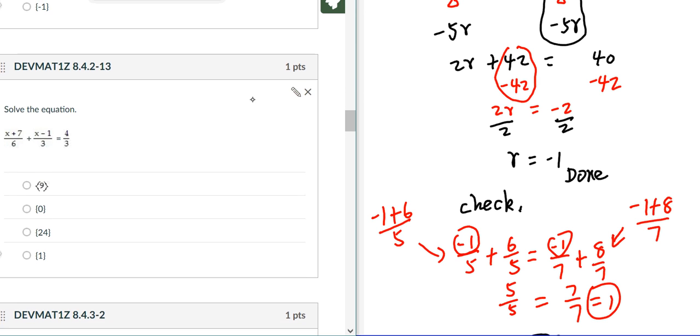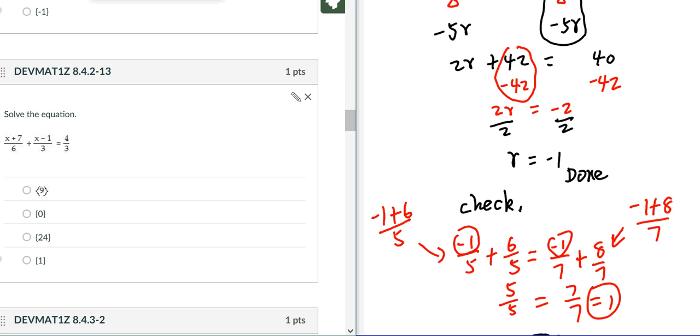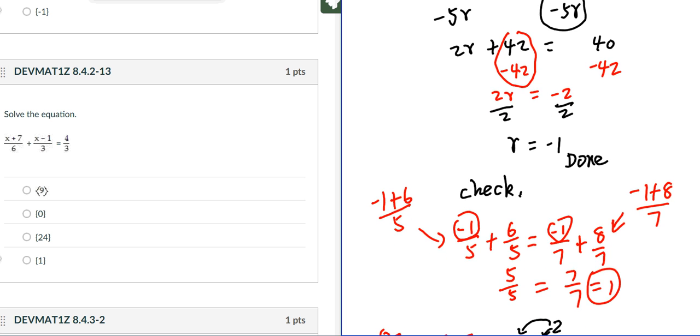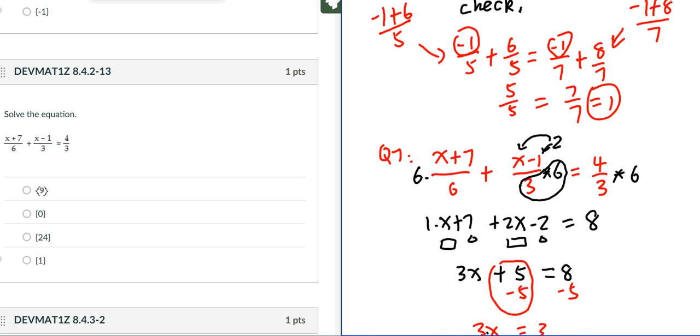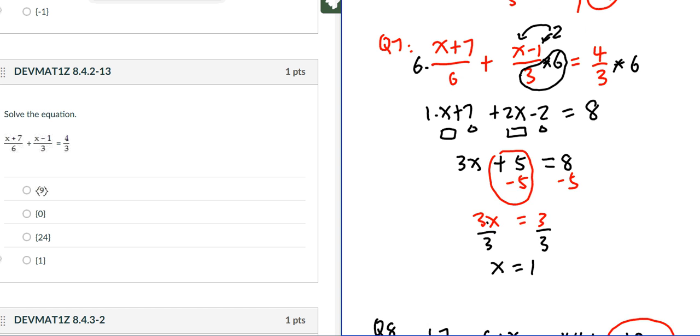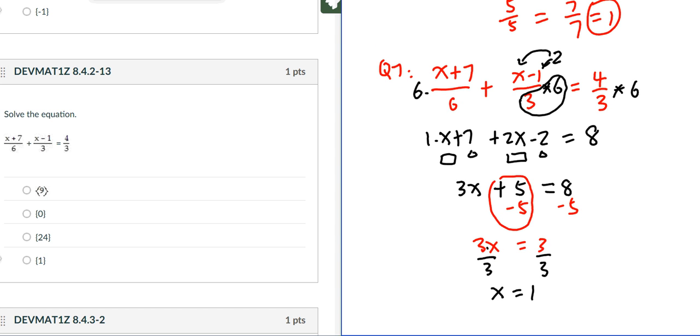Okay, let's look at the second one, which is our question 7 here. Question 7, we have x plus 7 over 6 here written in red.